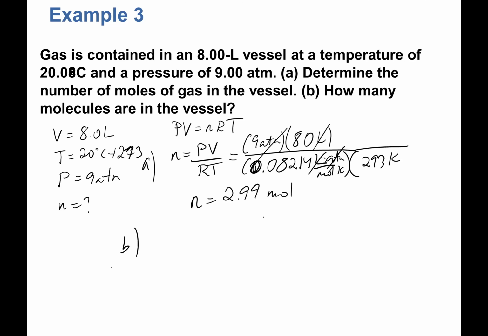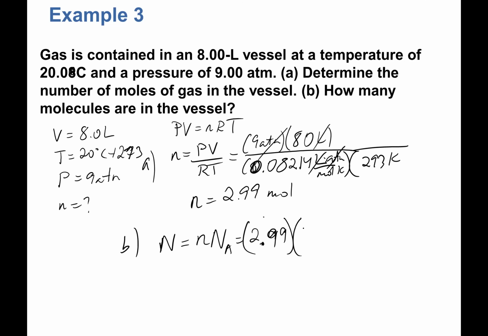Part B, what do we want? How many molecules are in the vessel? Well, that's easy because we have this equation where the number of molecules equals the number of moles times the Avogadro number. Remember, we're saying I have 2.99 times the Avogadro number of molecules.